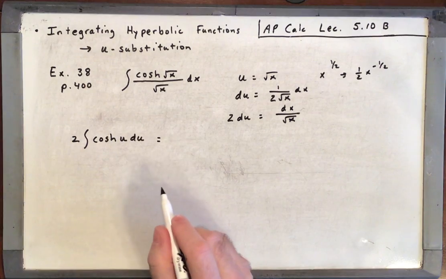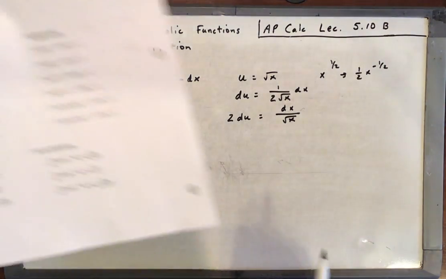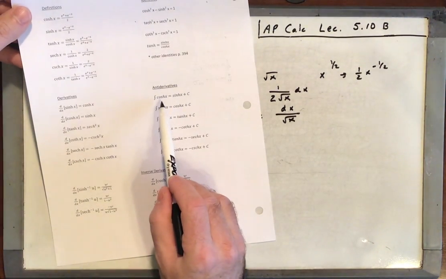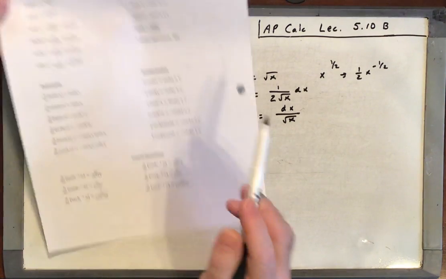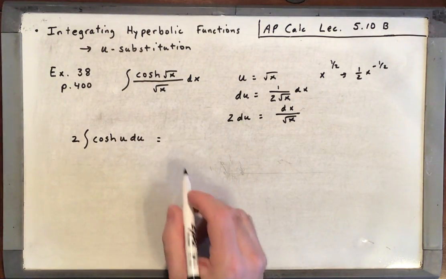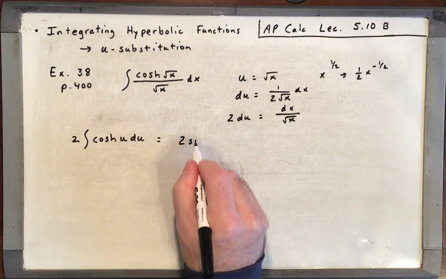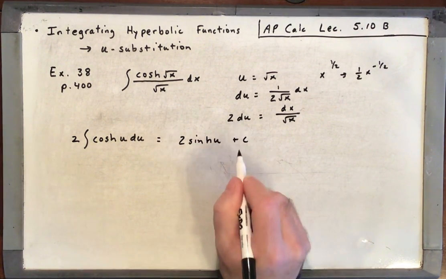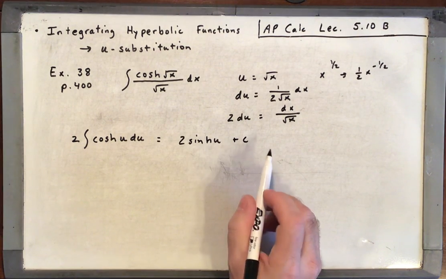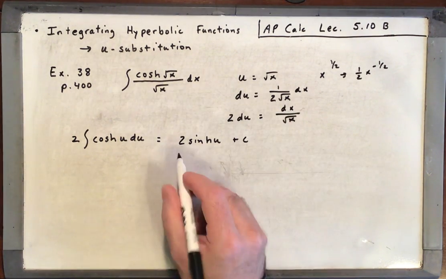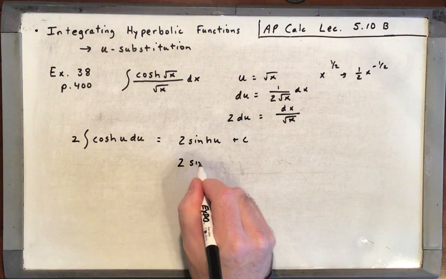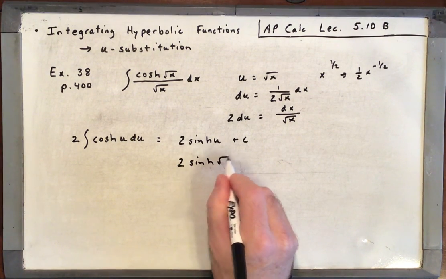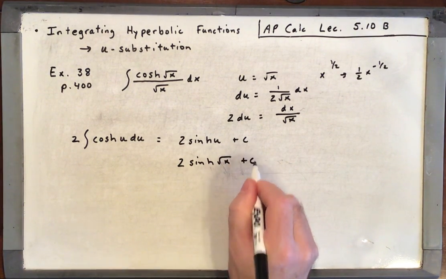Okay, so let's look at our sheet and see what the antiderivative of hyperbolic cosine is. It's hyperbolic sine plus c. So that's going to be 2 times the hyperbolic sine of u plus c. You put u in the problem, you got to take u back out. All right, what is u? It's root x. So 2 hyperbolic sine root x plus c.